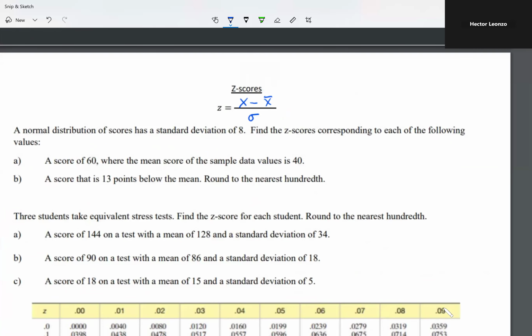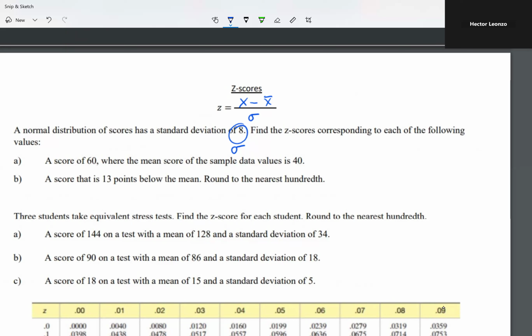A normal distribution of scores has a standard deviation of 8. Okay, so here, this is my standard deviation. Find the C-scores corresponding to each of the following values. So my first two examples, my standard deviation is 8. So for example A, a score of 60, where the mean score of the sample data is 40.